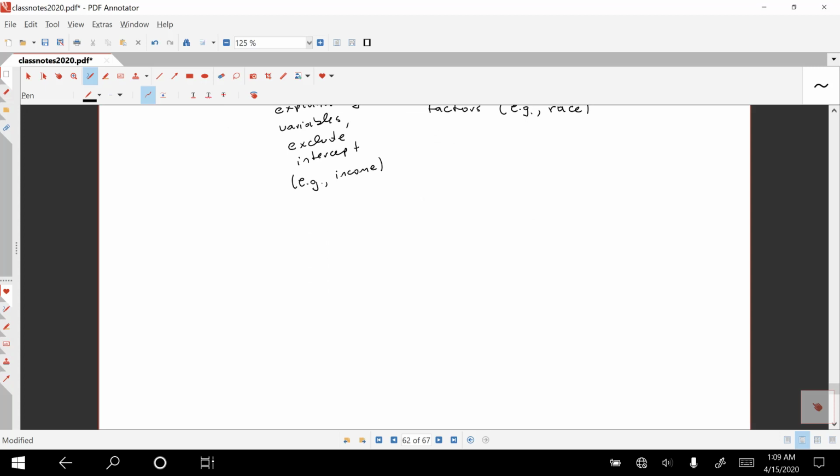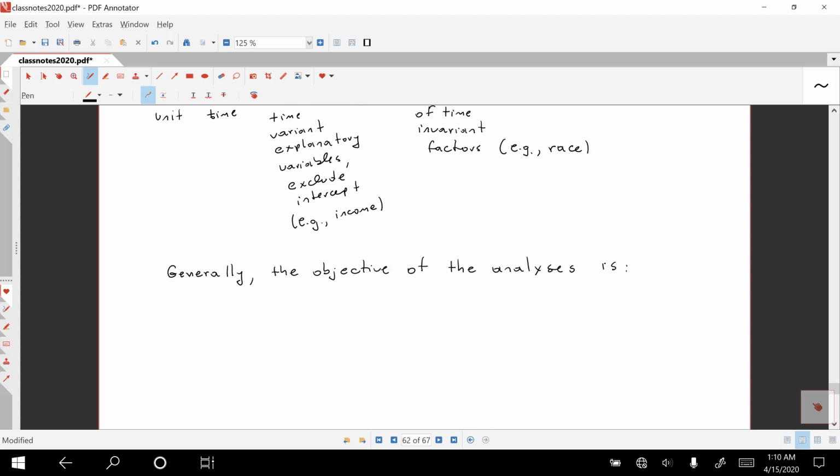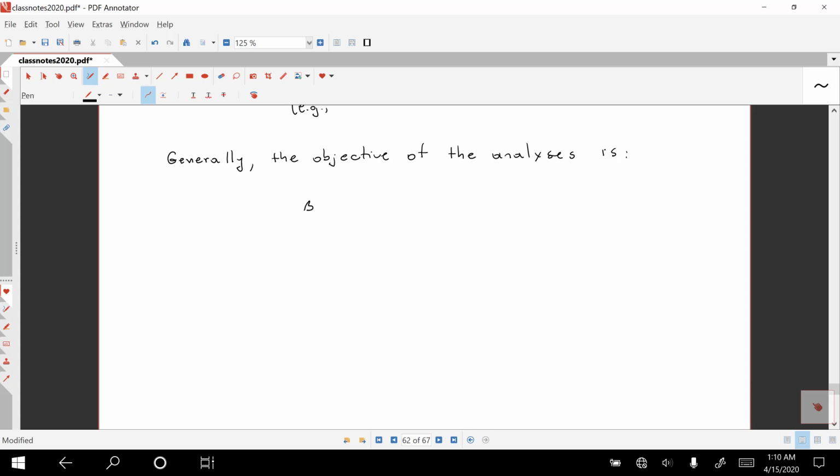Now, generally, in most cases, the objective of the analysis is the vector of coefficients beta, which is the effect of that vector of time variant explanatory variables on the average value of our dependent variable.